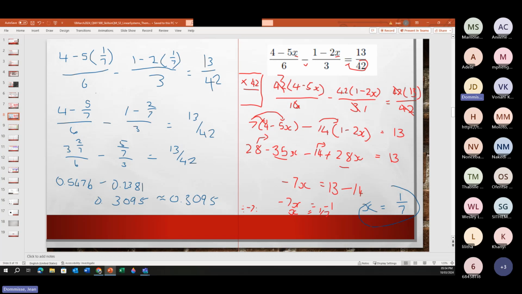I didn't want to simplify here and multiply out again. I just wanted to see if I replace the x with 1/7 and work it out on a calculator, do I get to the answer, and yes, I do. Yes, there's a hand. Please ask.